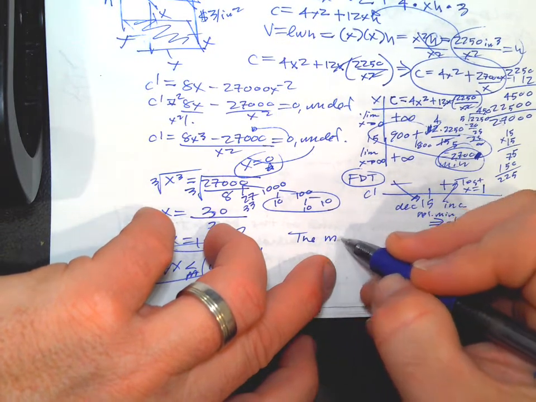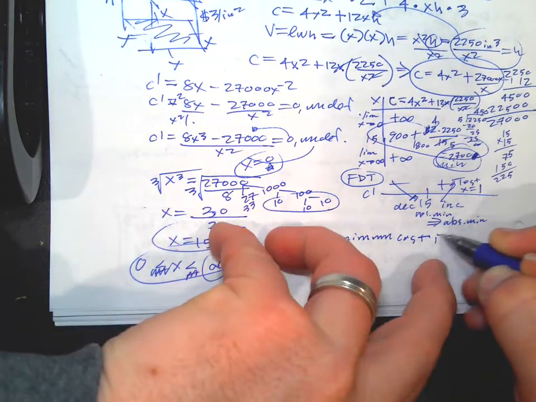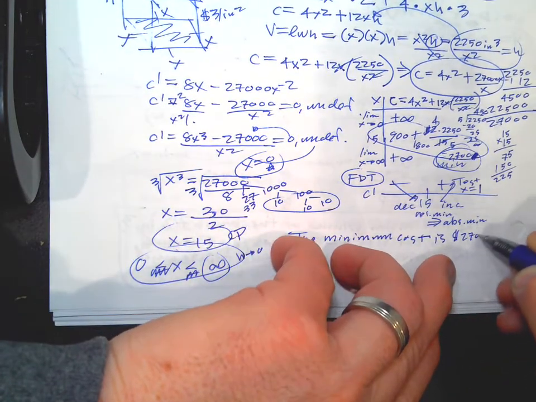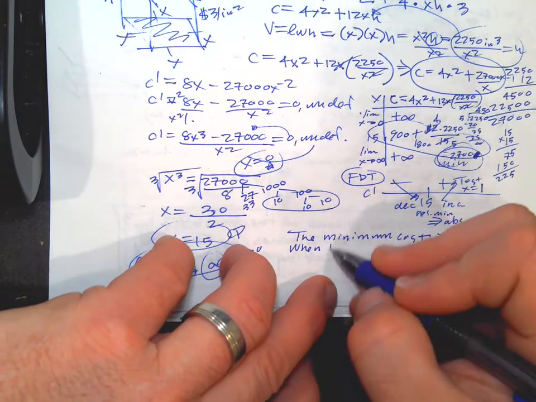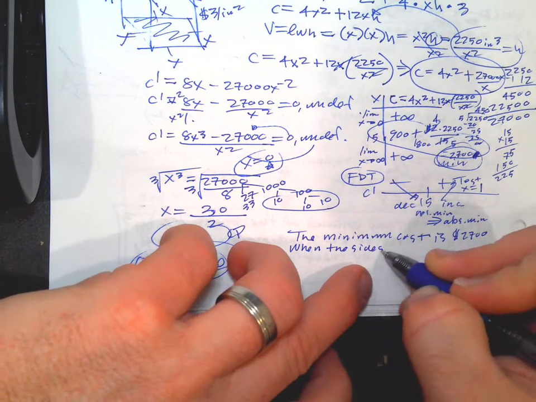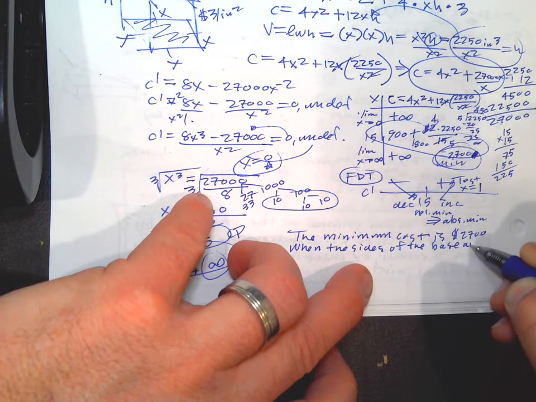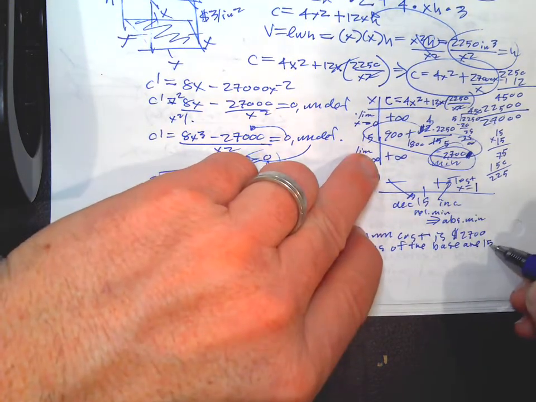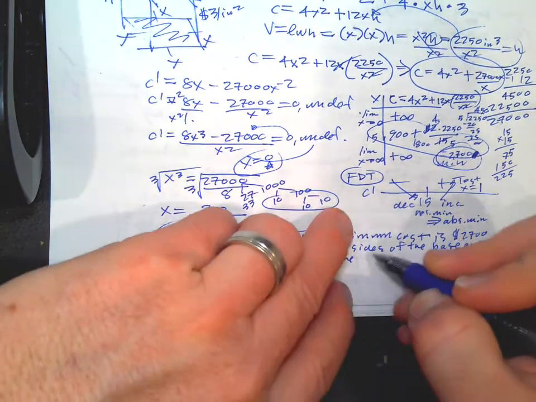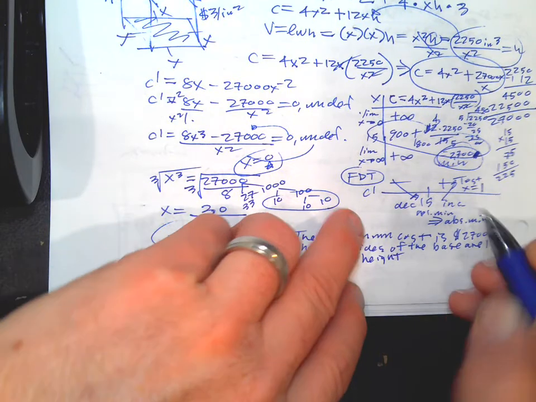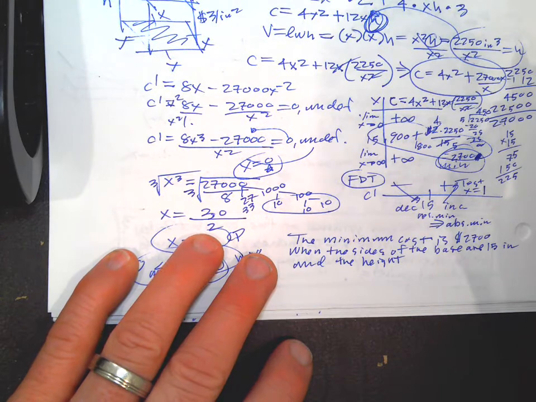But the minimum cost is $2,700 when the sides of the base are 15 inches and the height is this h right here.